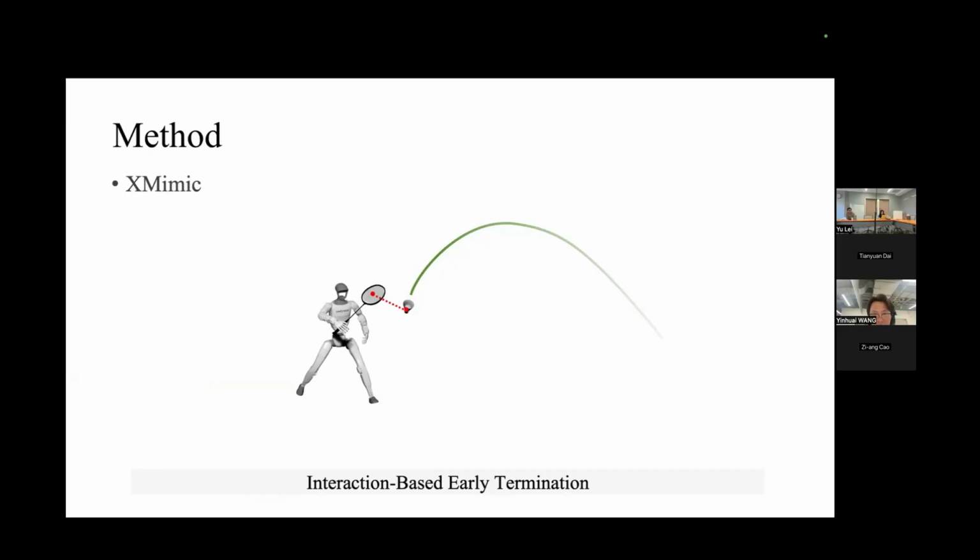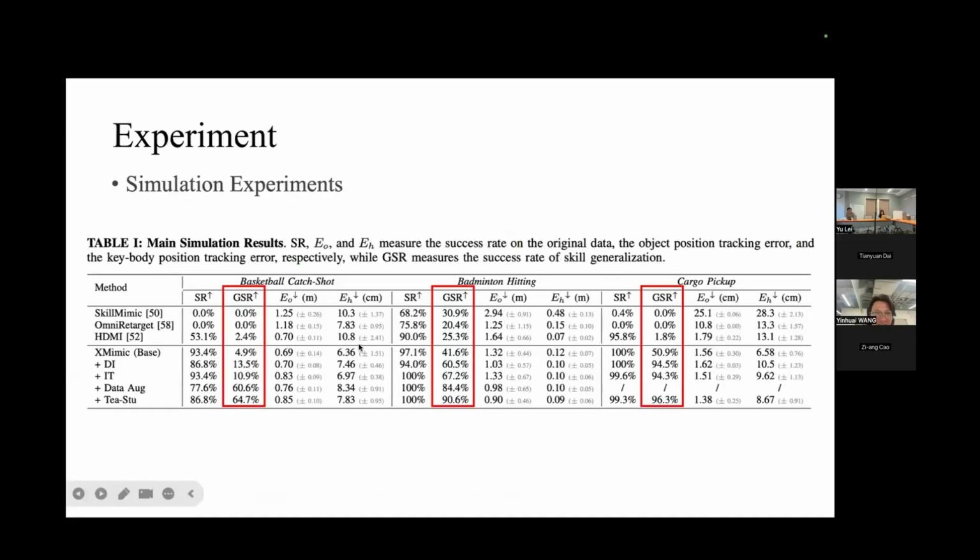Okay, that is the necessary technical details. So here we come to the experiment part. We have three tasks in the simulation experiments. The first is basketball catch and shot, which means a basketball is thrown to a humanoid robot, and the robot will catch the ball and shoot into the basket.